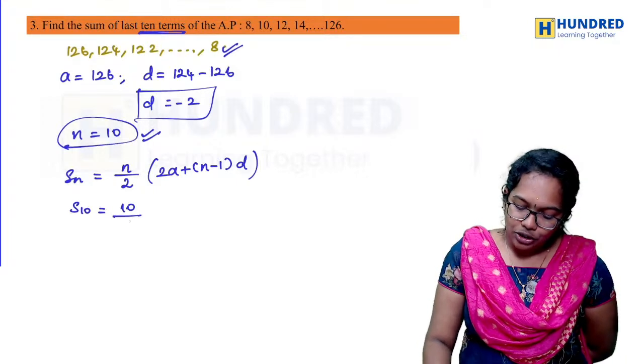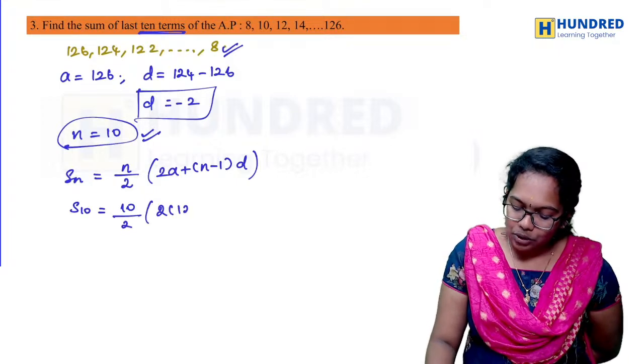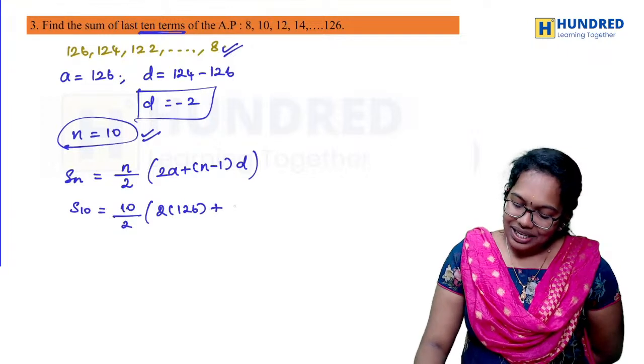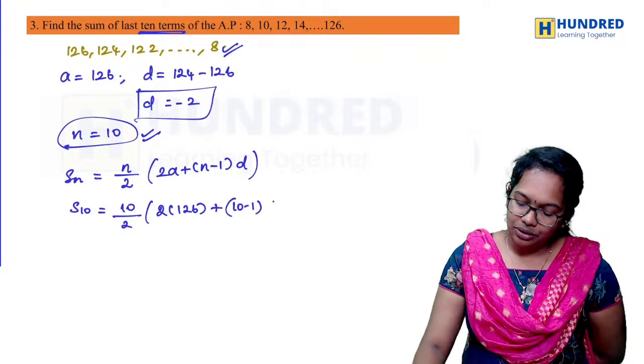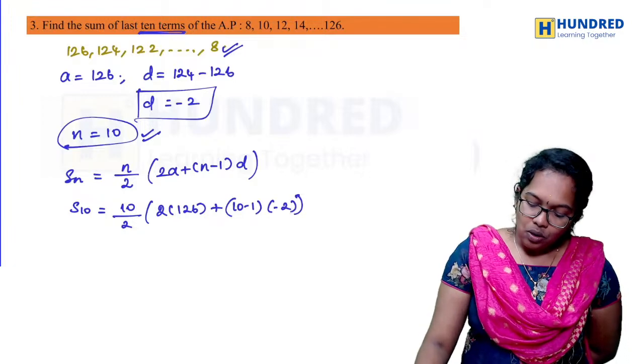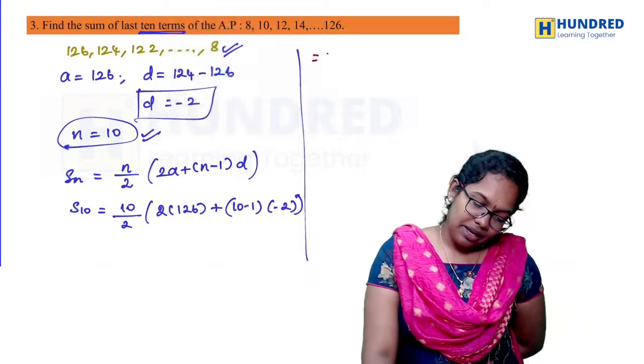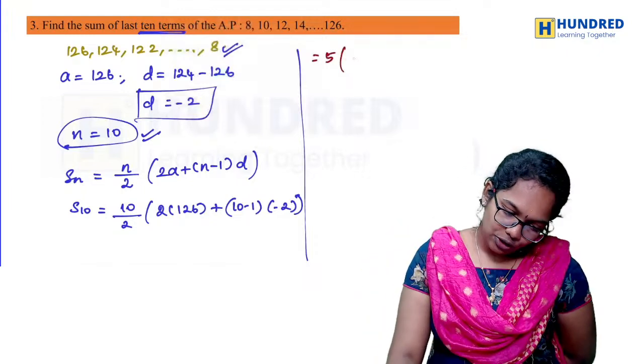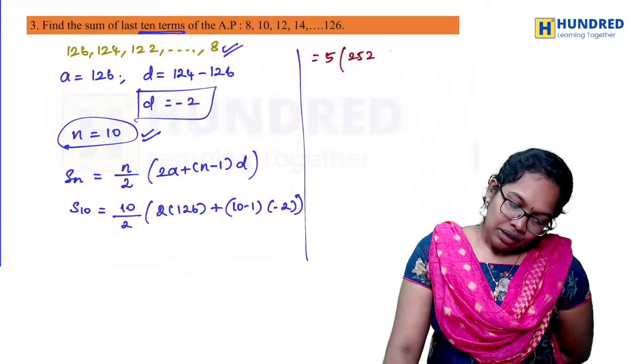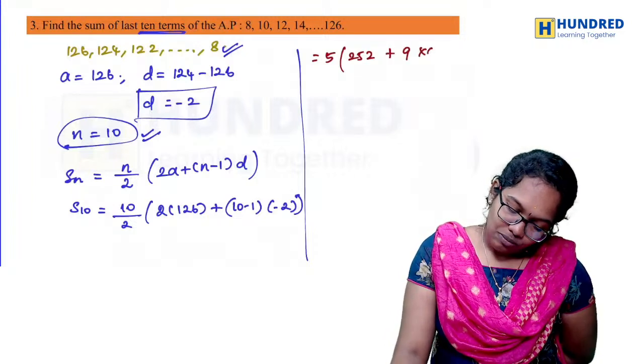S10 is equal to 10 by 2 into 126 into 2, which is 252, plus n value 10 minus 1 into d value minus 2. So it will be 5 into 252 plus 9 into minus 2.